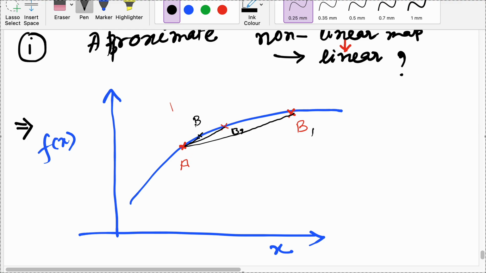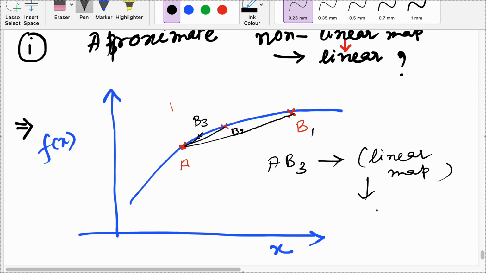So if instead of B2 I use point B3, which is closer to A, the straight line between A and B3 will behave even more closely like that nonlinear map. So the straight line AB3, that linear map, closely mimics the behavior of the nonlinear map F of x.